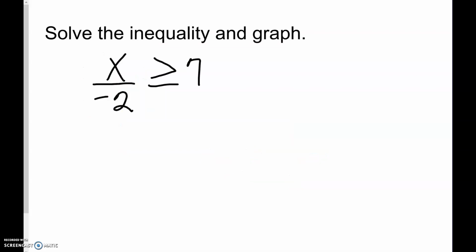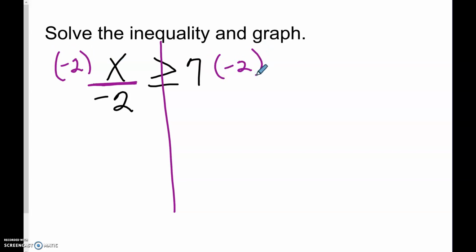All right, this inequality says any number divided by -2. And the opposite of dividing is multiplying. So we're going to multiply by a -2. These -2s simplify to a 1, so all we have is x, and 7 times -2 is -14. Now what number did I multiply by?